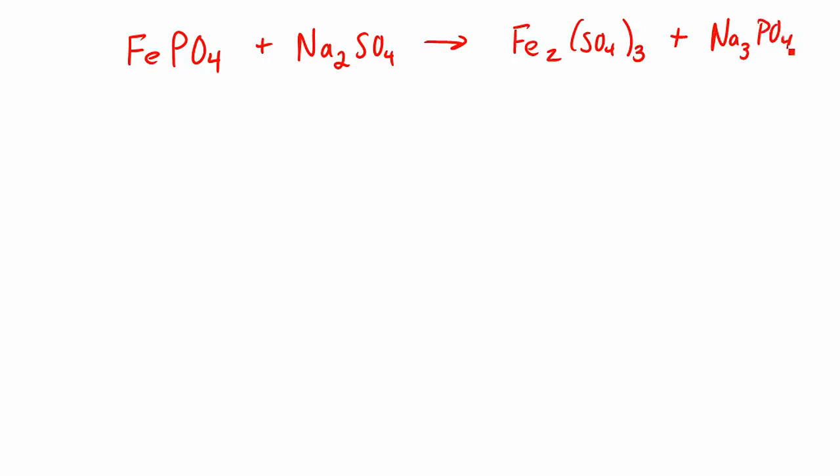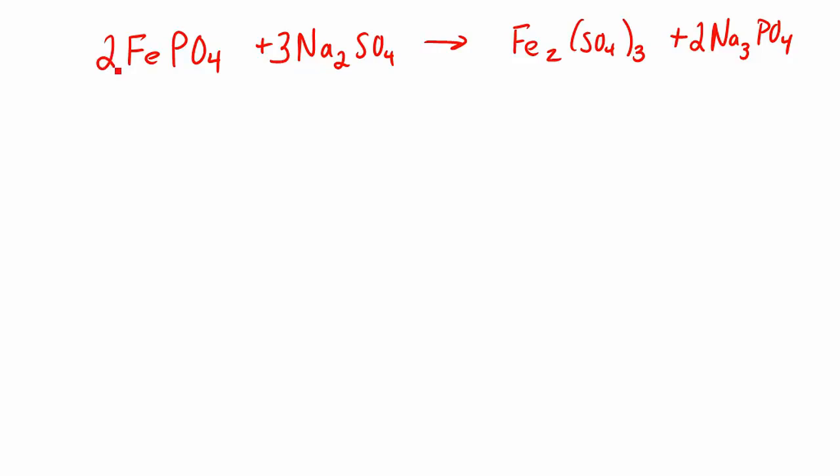Okay, so as with anything, we need to balance our reaction. And so let's see, we're going to need a 2 and a 3 and a 2 right there should do it.